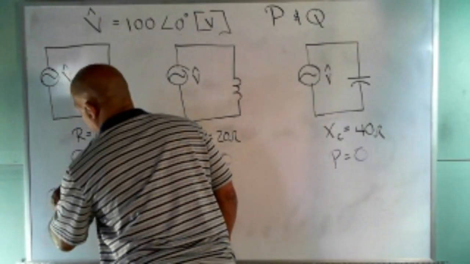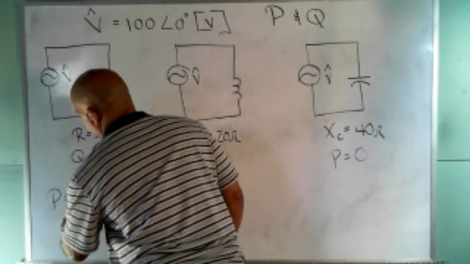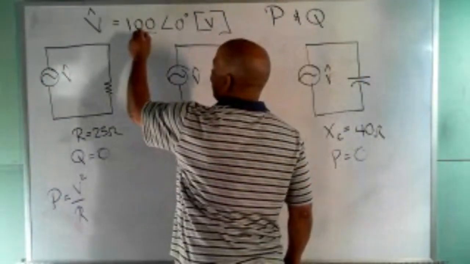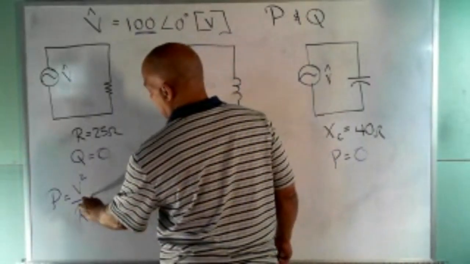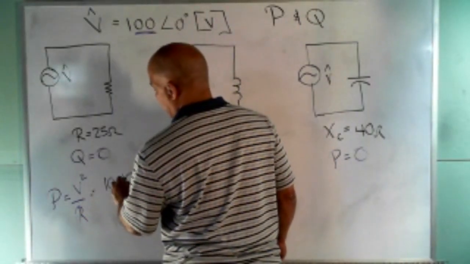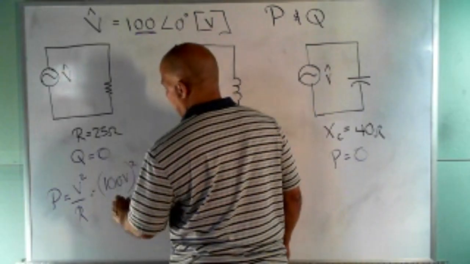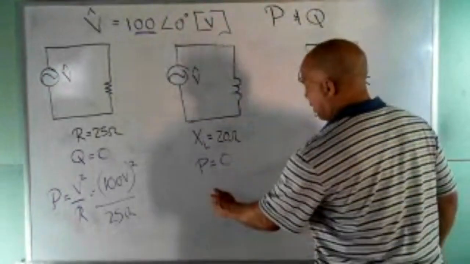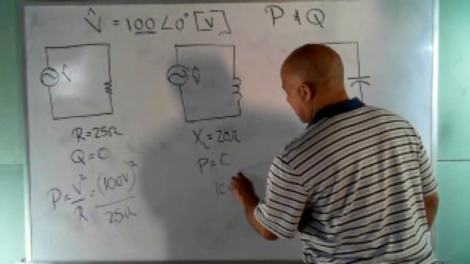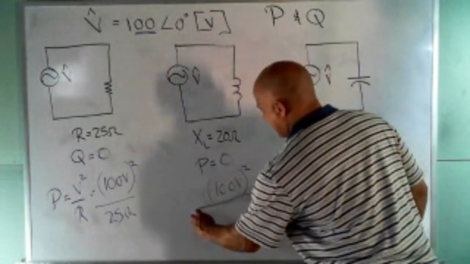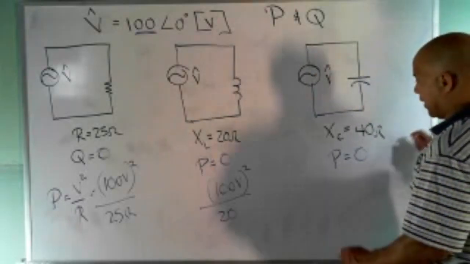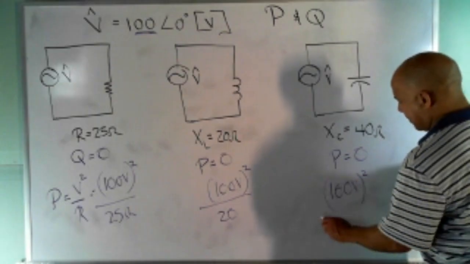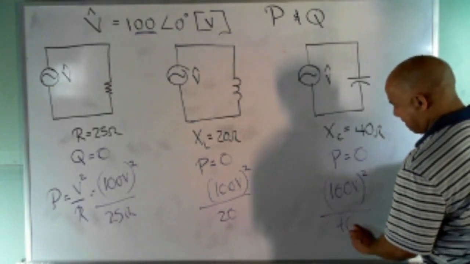If we use V squared over R, we can actually use that form of Watt's law to solve for all of these. My voltage magnitude is 100, so I got 100 volts squared divided by 5. Over here, 100 volts squared divided by 20. And over here, 100 volts squared divided by 40.